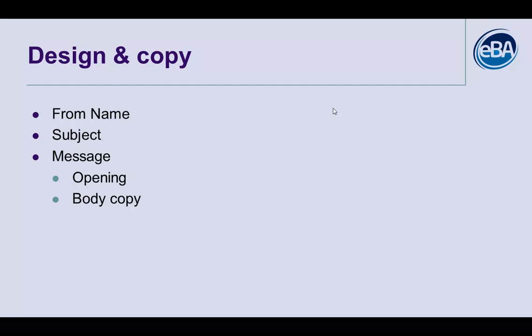So that is the very first moment of truth that is going to define whether you are going to open this email and then interact with this sender. The message has two main things: the opening copy and the whole body copy.